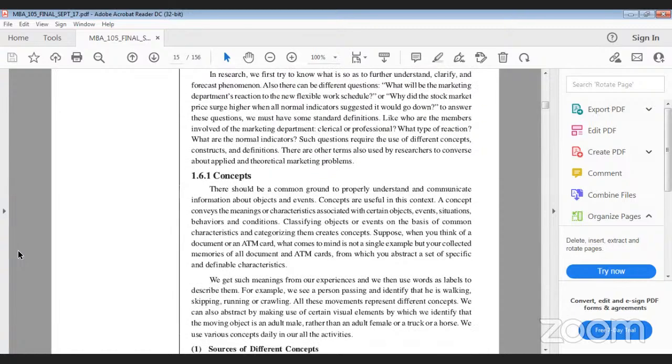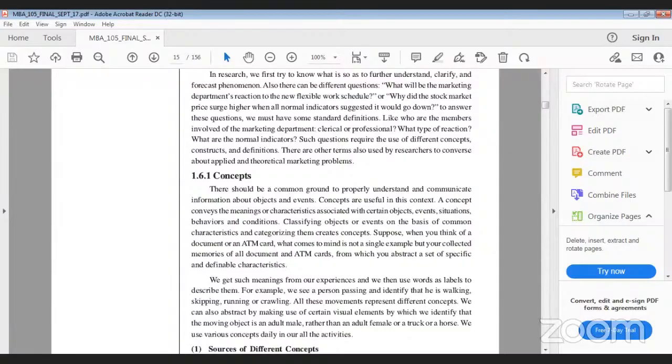We get such meaning from our experience, and we then use words as labels to describe them. For example, we see a person passing and identify that he is walking, skipping, running, or crawling.